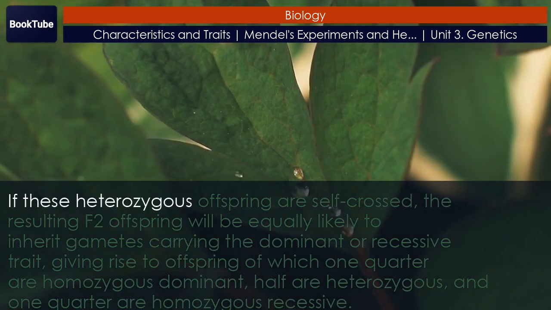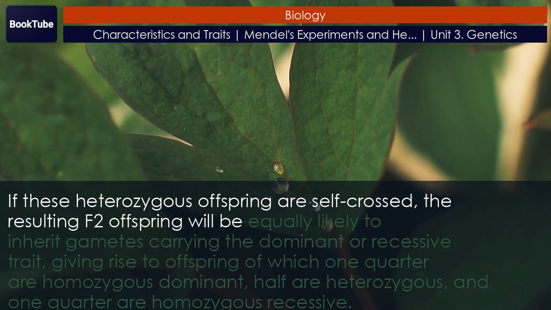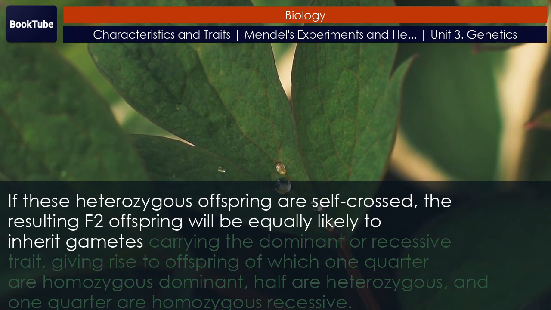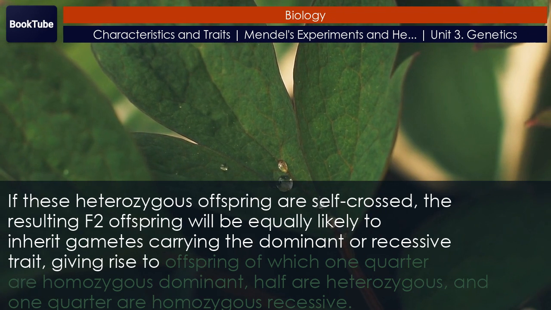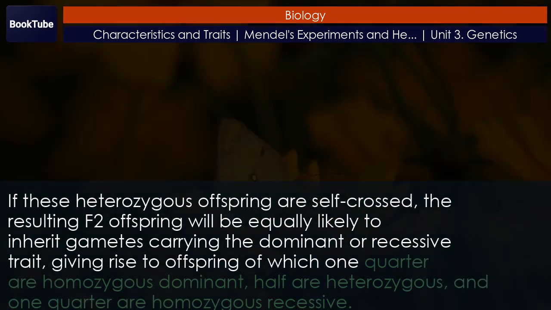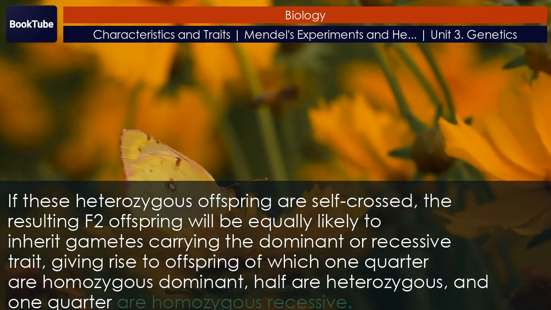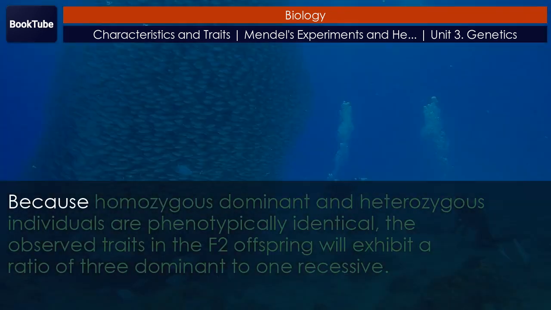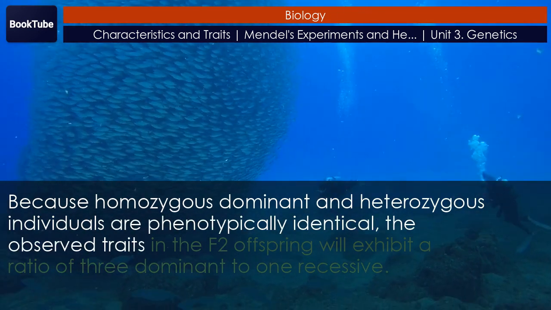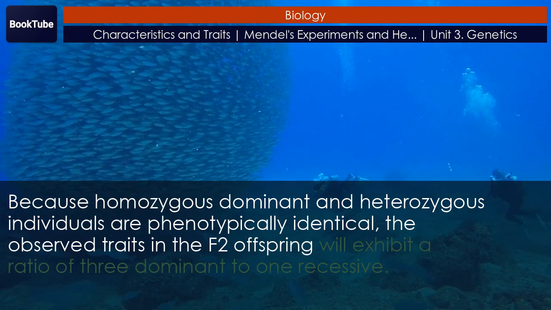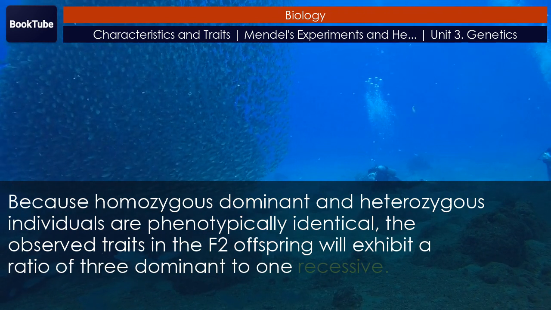If these heterozygous offspring are self-crossed, the resulting F2 offspring will be equally likely to inherit gametes carrying the dominant or recessive trait, giving rise to offspring of which 1/4 are homozygous dominant, half are heterozygous, and 1/4 are homozygous recessive. Because homozygous dominant and heterozygous individuals are phenotypically identical, the observed traits in the F2 offspring will exhibit a ratio of 3 dominant to 1 recessive.